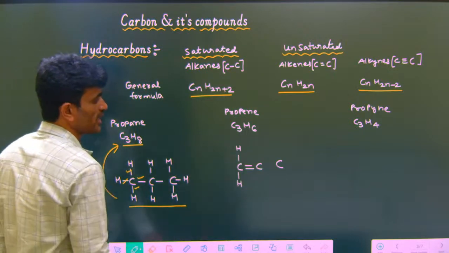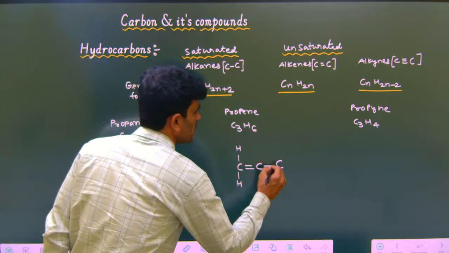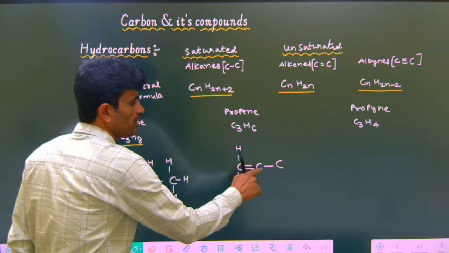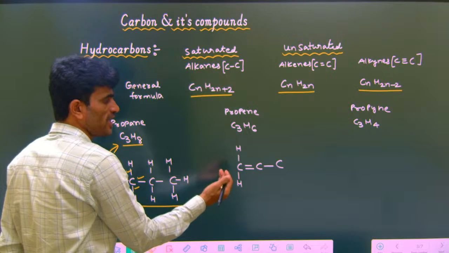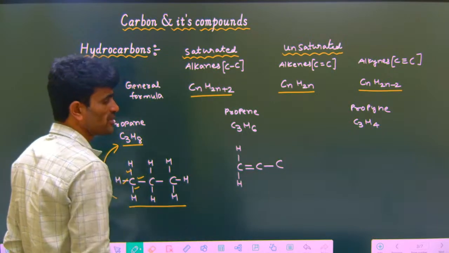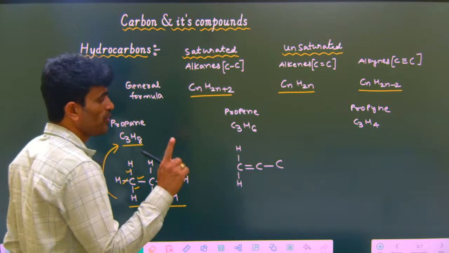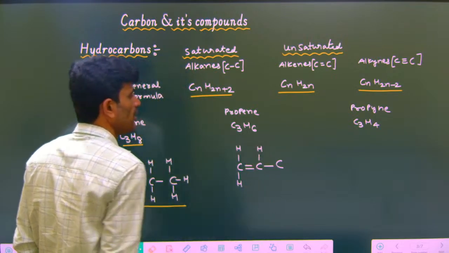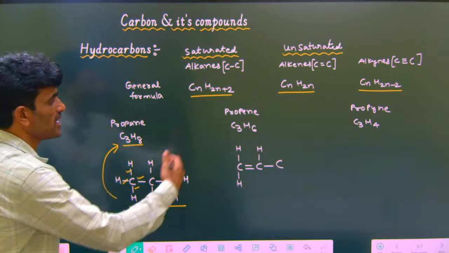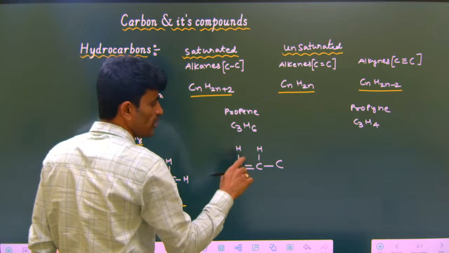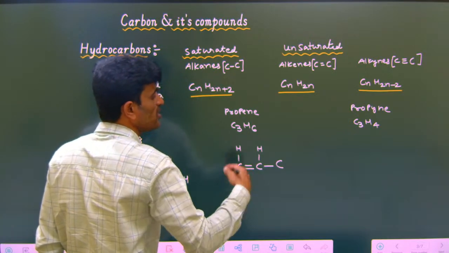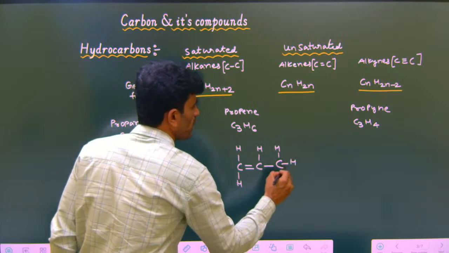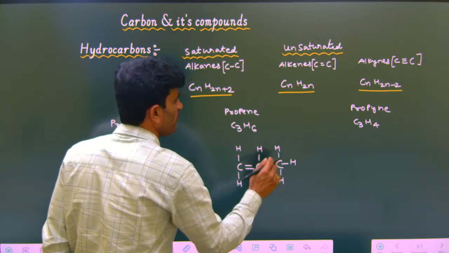Now going to the second carbon, here one single covalent bond we must draw between carbon and carbon. If you observe the second carbon, on the left side there is already a double bond, on the right side a single bond, so 3 bonds are over. Only one bond is left, and that is hydrogen. Now coming to the last carbon, there is only one single covalent bond, so 3 more must be there: one covalent bond here, one here, one here.